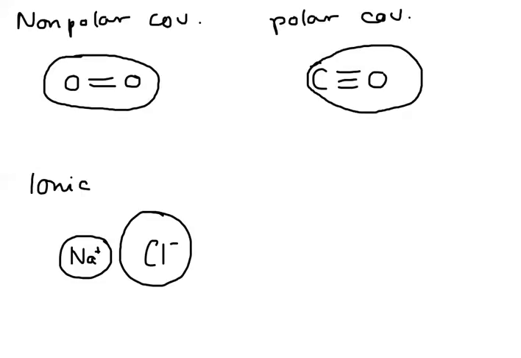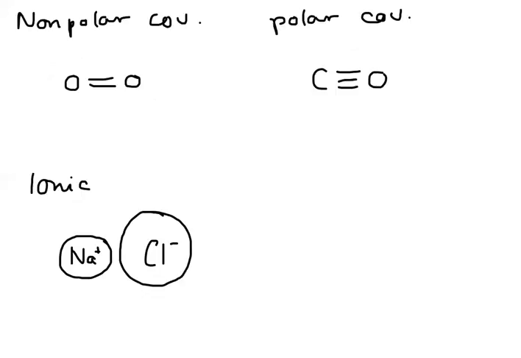So when we have a polar bond, you can draw a polarity arrow on or near the molecule. So I'm going to take away this and this. Carbon monoxide is a polar bond, which means if I ask you to draw a polarity arrow, the arrow is going to point towards the more electronegative atom, which is oxygen.